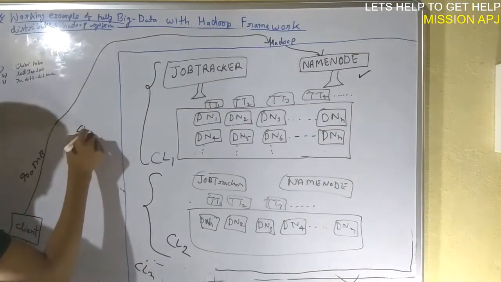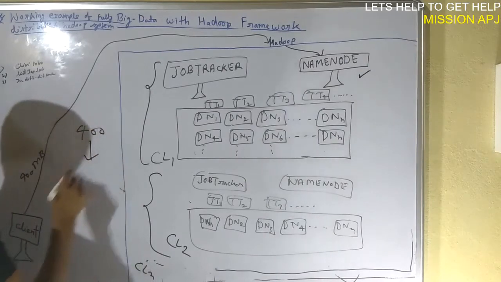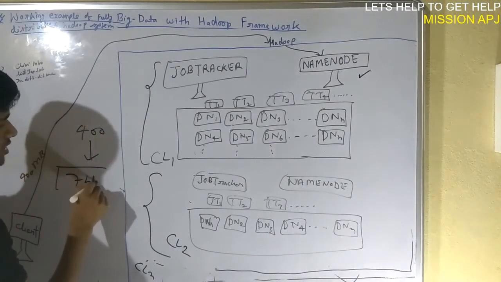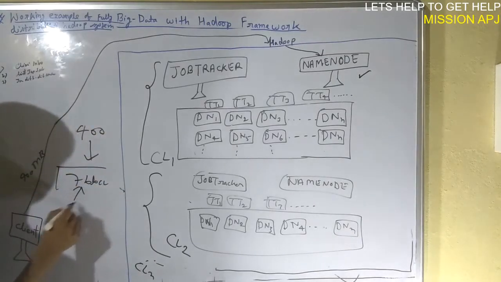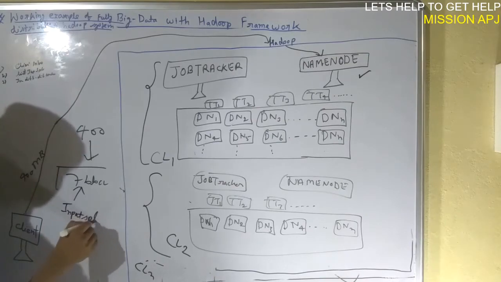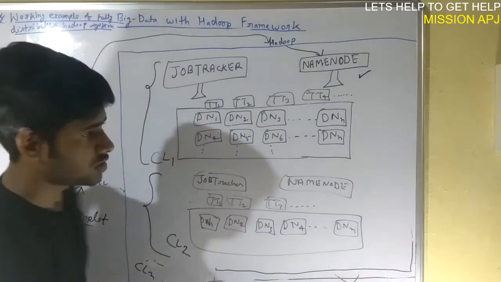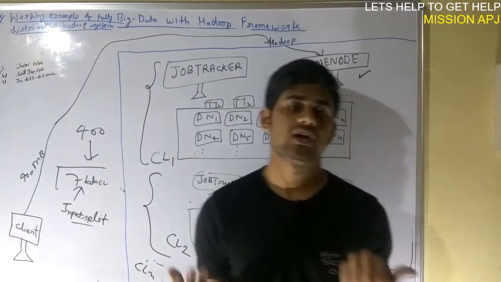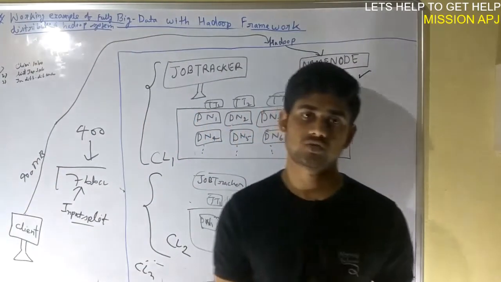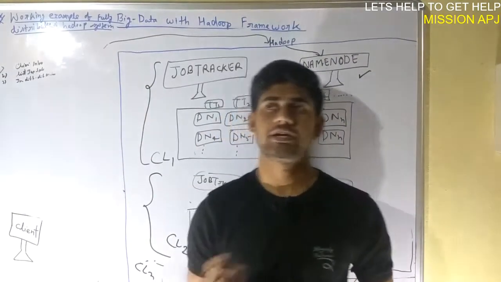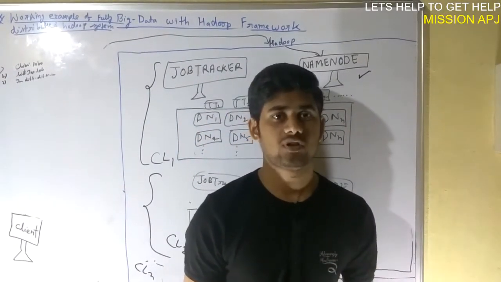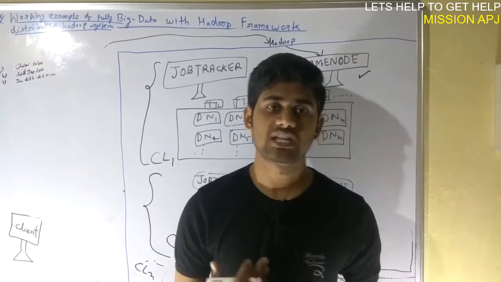So 400 MB of data has been taken and split into 7 blocks, and that number of blocks is known as the input splits. The number of blocks required to store the data is the number of input splits required. So the 400 MB of data which came will be stored as 7 input splits.